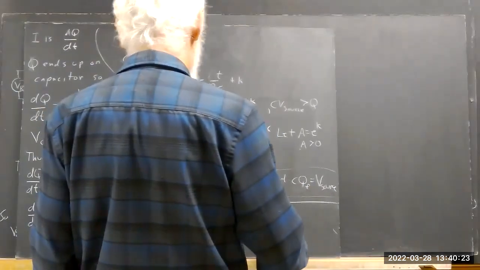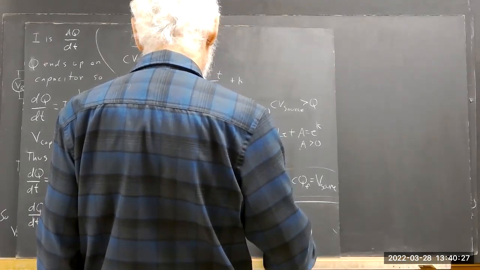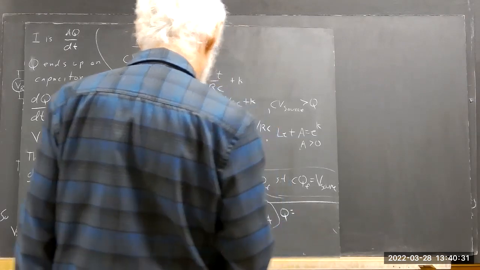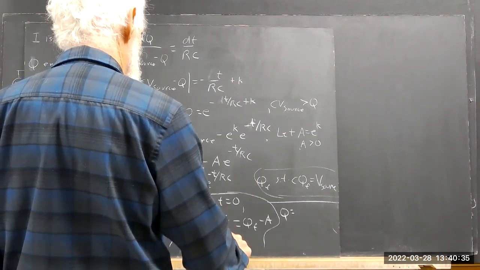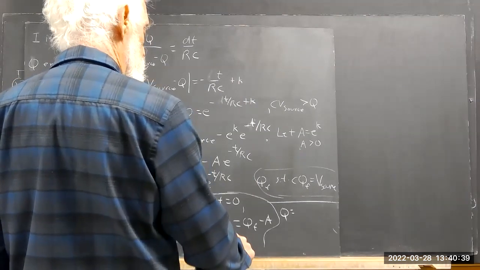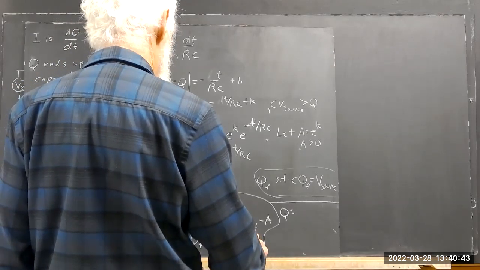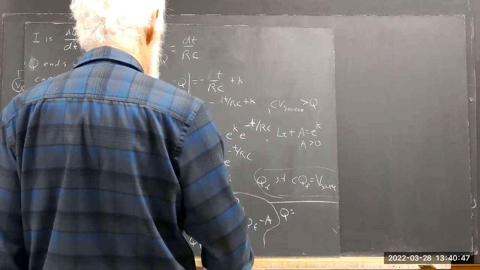Thus, of course, that's voltage of the source times the capacitance. Usually we write capacitance first.